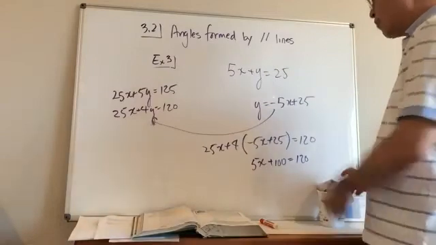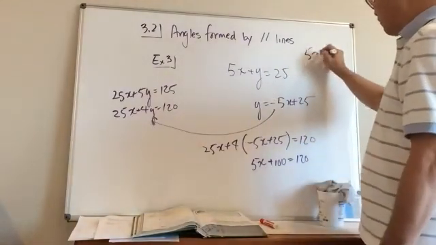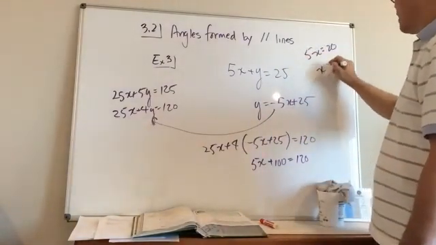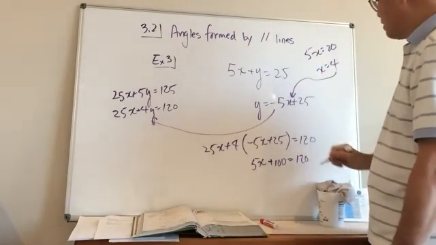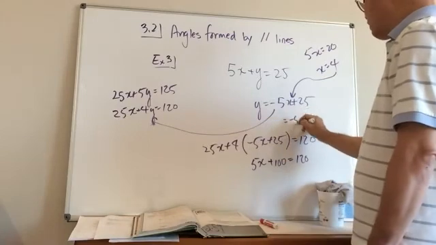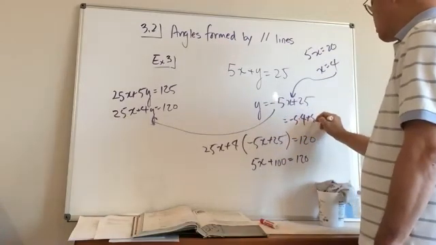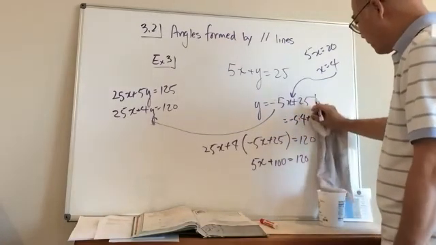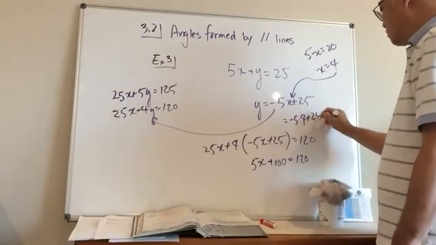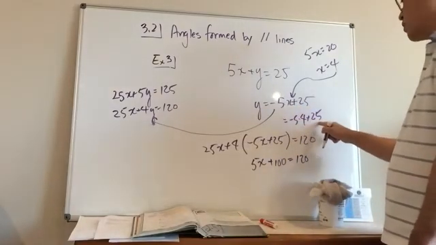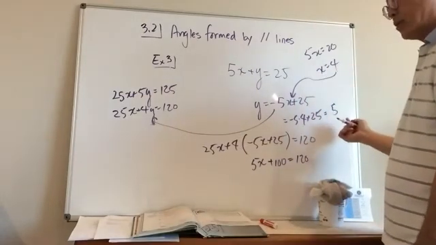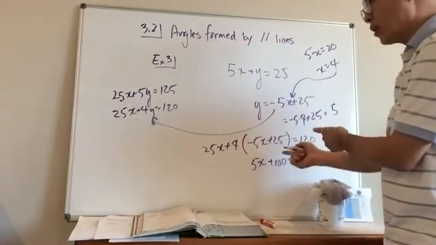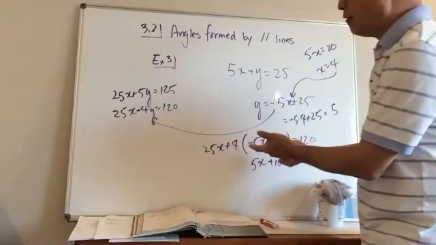If I subtract 100 from both sides, I end up with 5x is equal to 20, x is equal to 4. Then I put that back into here, and I have negative 5 times 4 plus 25. So I have negative 20 plus 25 is 5. I get the same result. A little bit more work, but not too bad.